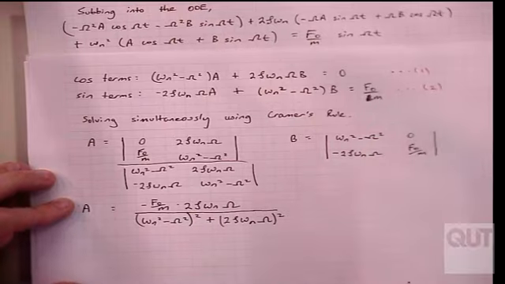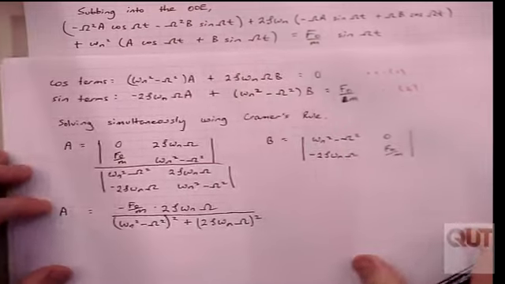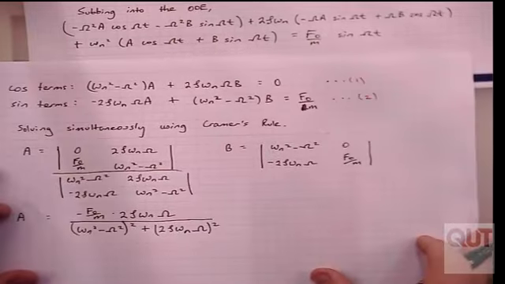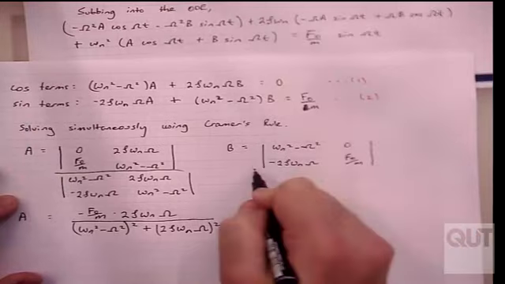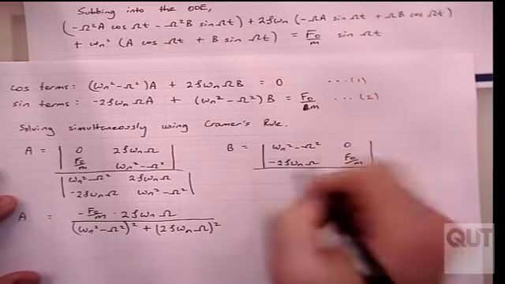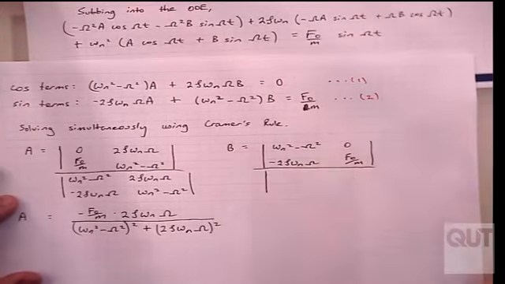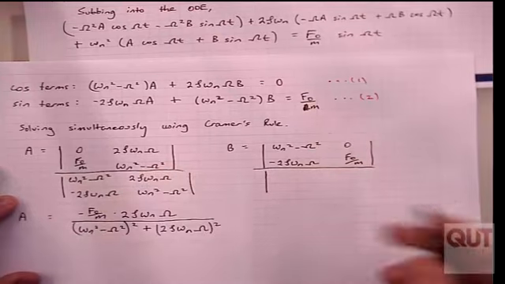Right, so the numerator looks a little bit different when I'm solving for B. We still divide by the coefficient matrix though, so the denominator is the same.